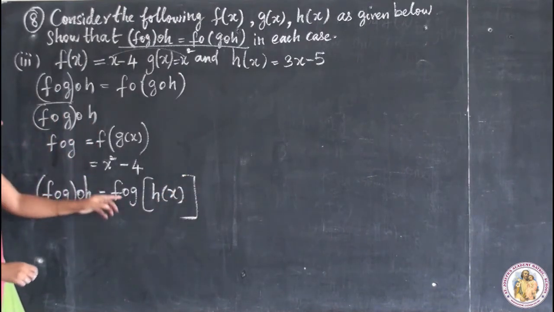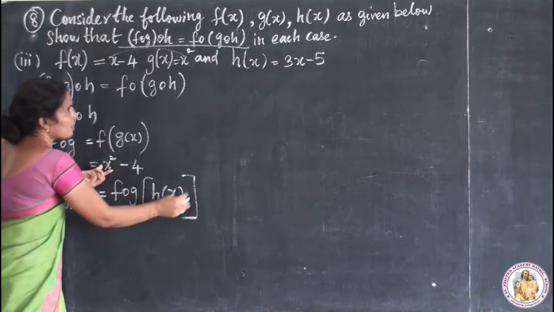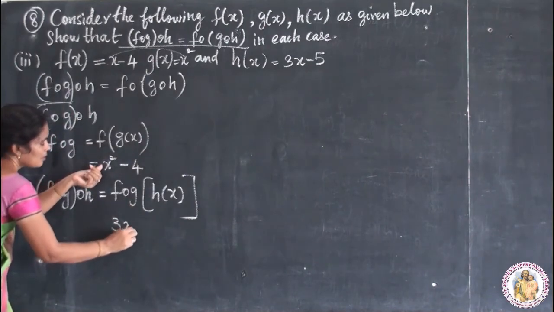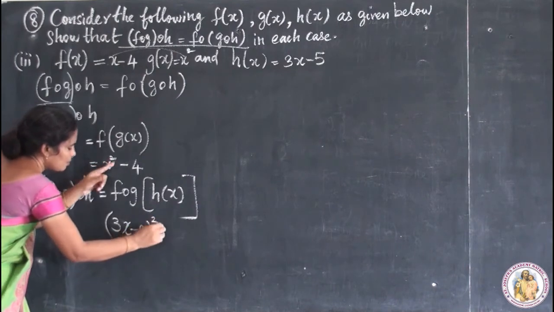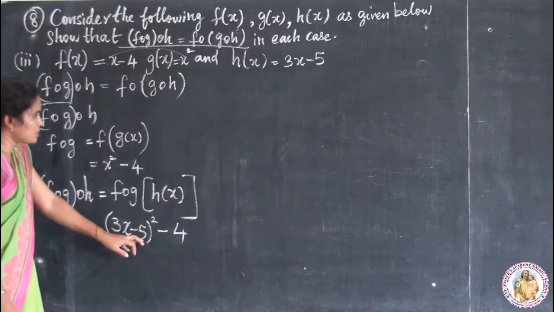F of g is x square minus 4. In the place of x you have to write h of x. H of x is 3x minus 5 whole square minus 4. That is a square, a minus b whole square.